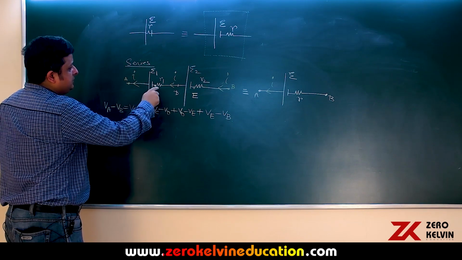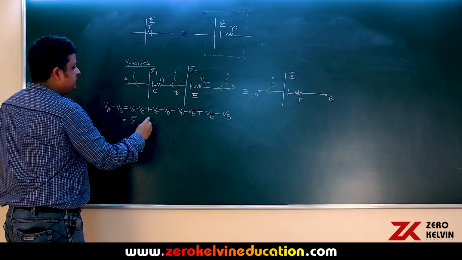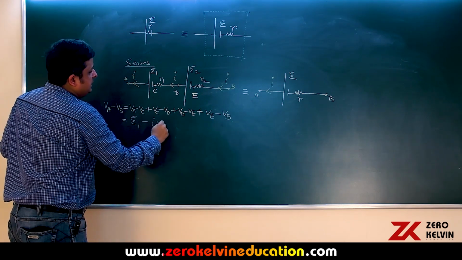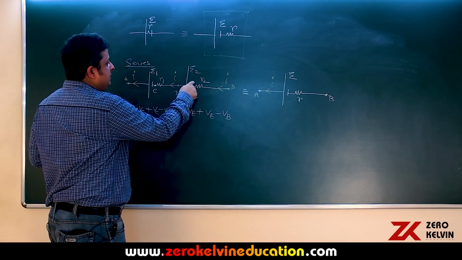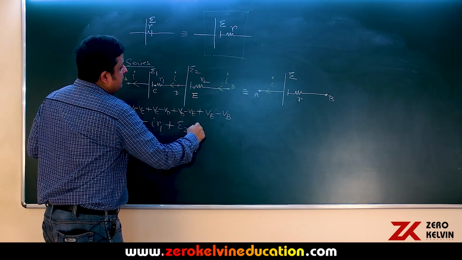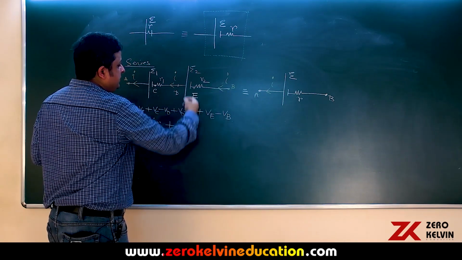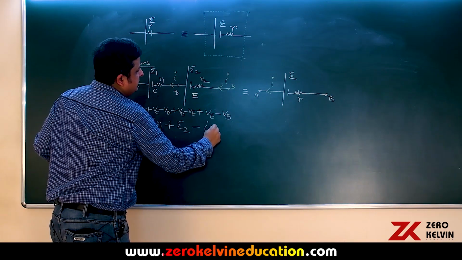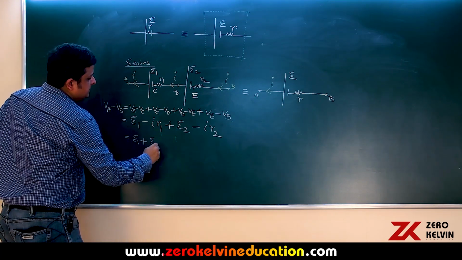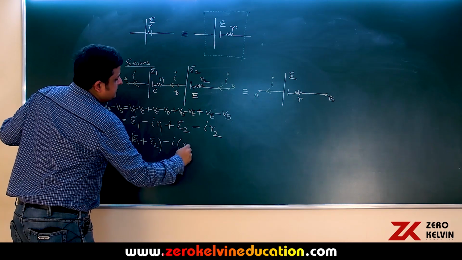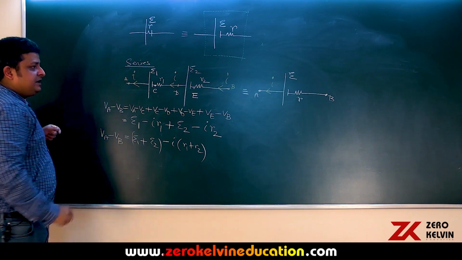VD minus VC is I times resistance, so this will be minus I times R1. Plus VD minus VE, this is the plus plate and minus plate, so this is plus E2. And then VE minus VB: current flows from B to E, so this will be minus I times R2. So, this is E1 plus E2 minus I times R1 plus R2. That is VA minus VB, right.